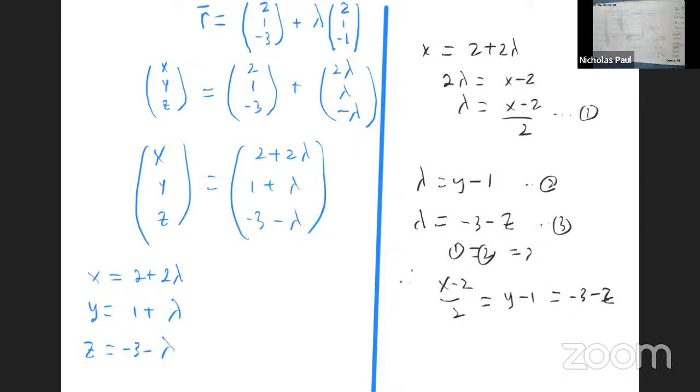So for the Cartesian form, you just make lambda the subject and equate. That's it. You equate and leave it right in.